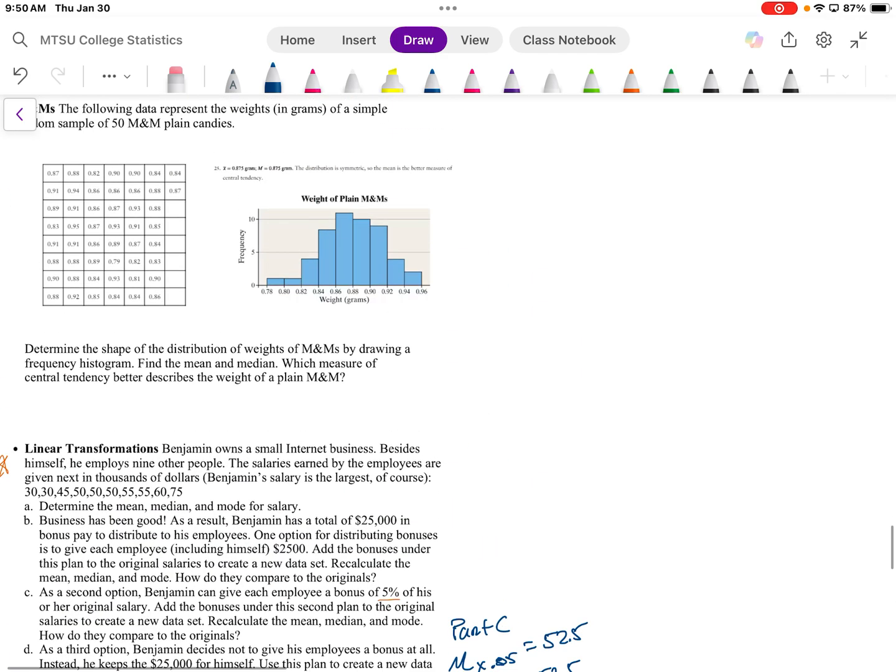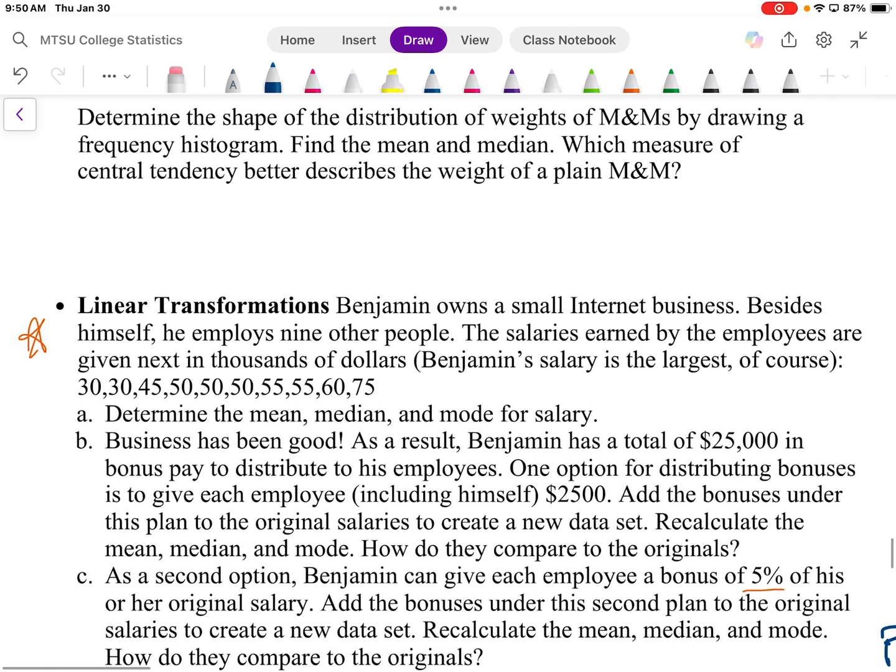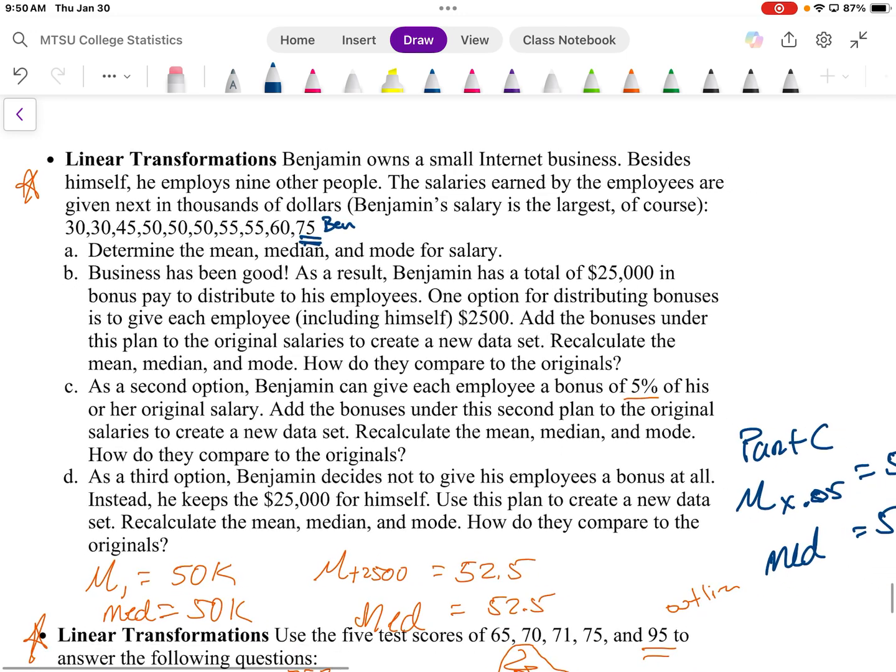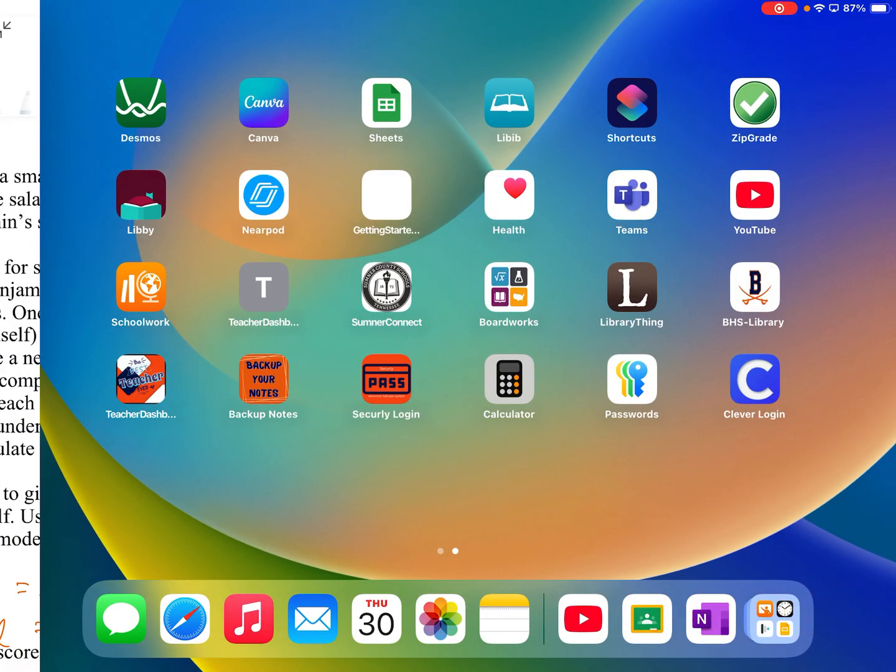When we look at the data set, that's Benjamin right there, $75,000. So I'm assuming Benjamin earns the most in the company. If we go back to our calculator, we should know what should happen. What does Benjamin's number become?